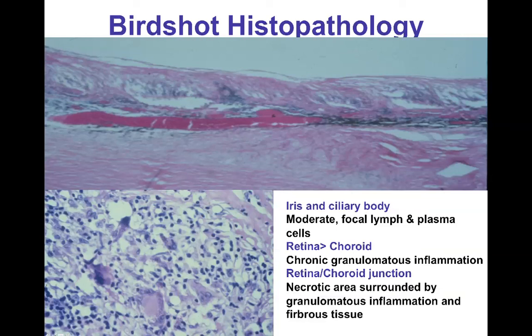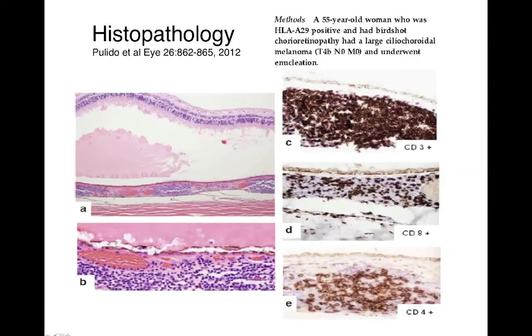So this is one of the first histopathologic specimens that we were able to obtain in a patient who had long-standing inflammatory disease secondary to Birdshot. And you can see while the retina is very diseased, that there are the same kind of cells which are circulating through the retina. These are the dark areas, as well as through the choroid, very suggestive of what we see in the uveitis model.